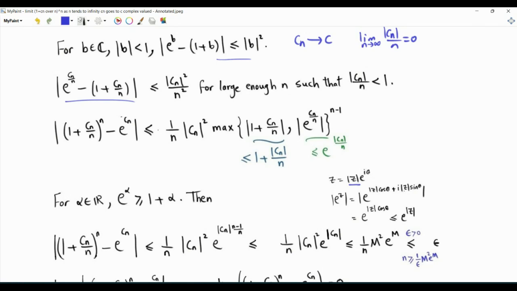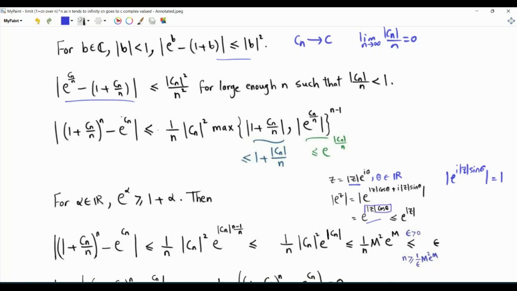Now the magnitude of e to the i magnitude z sine theta, note that sine theta is in R, so this is a complex number living on the unit circle, and so the magnitude is equal to 1, and the magnitude of this quantity will be e to the magnitude of z cosine theta, which is a positive real number.